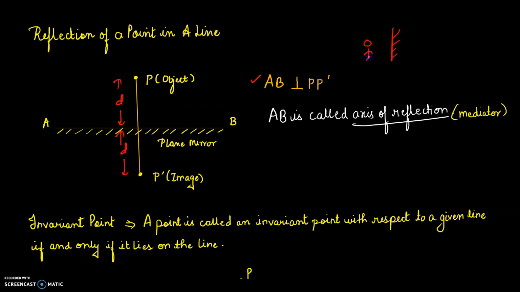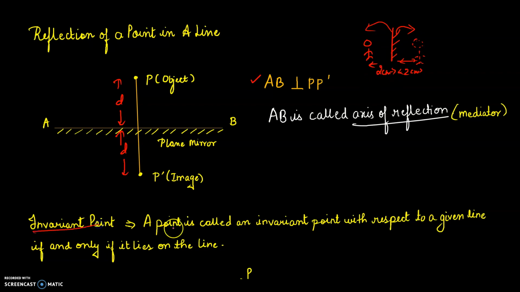Like you are standing in front of a mirror, the distance between you and the mirror is 2 centimeter. So the distance between your image and the mirror will be 2 centimeter. The image formation behind the mirror has the same distance as it was for you and the plane mirror.